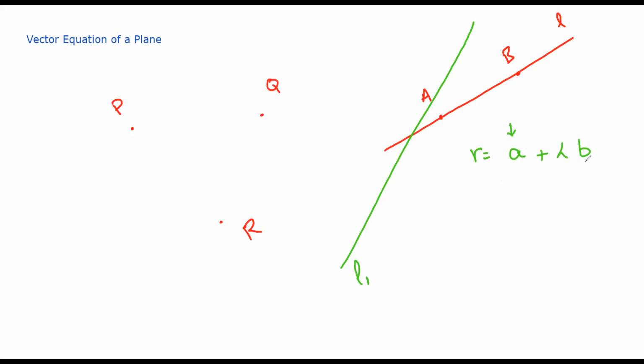And secondly, we need the direction vector parallel to the line, so that you know in which direction this line is going. The direction of a plane is determined by a direction which is normal to that plane we are talking about.